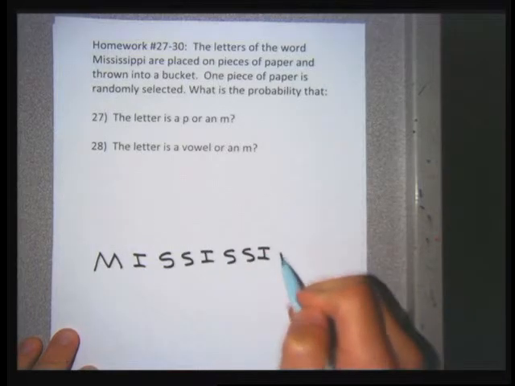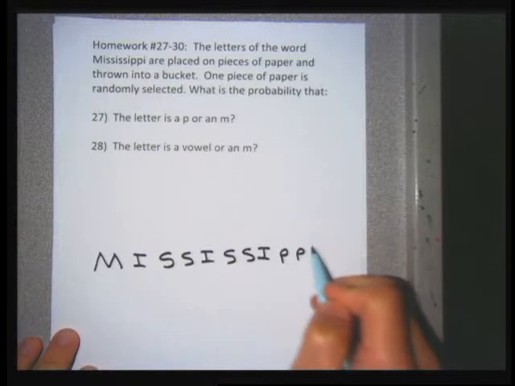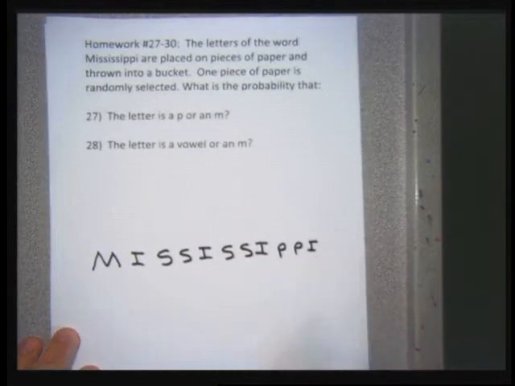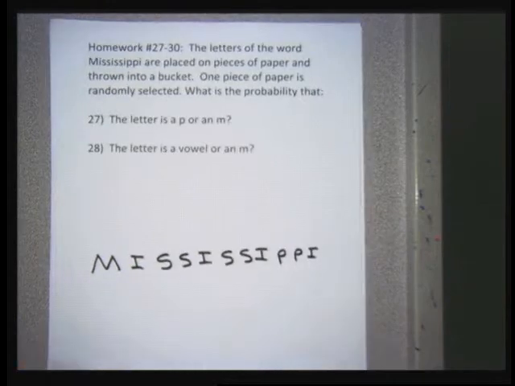And I think there's 11 letters here. Yes. So for my probabilities, each denominator is going to be 11 because I took 11 letters and threw them into a bucket, and I'm pulling one out. The denominator is going to be 11 because there's 11 letters to choose from.